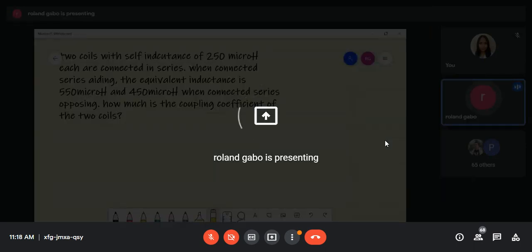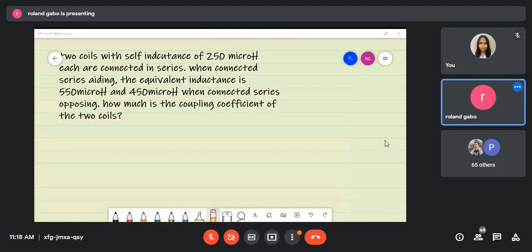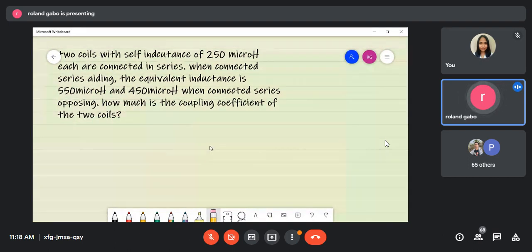Okay. So example number 1. So from the two coils with self-inductance of 250 microhenry, each are connected in series.